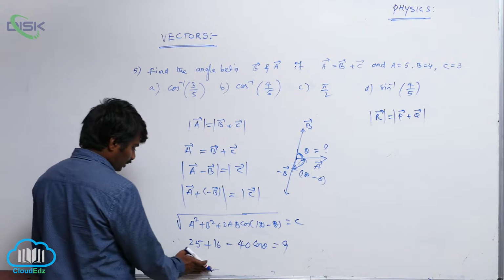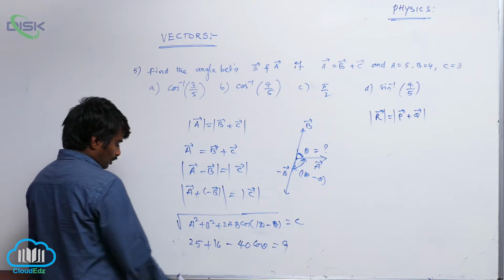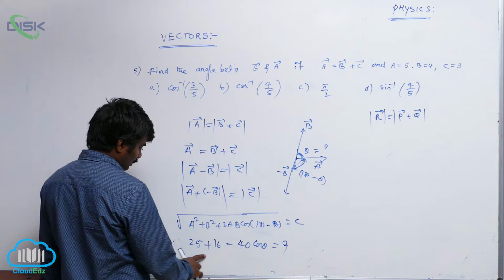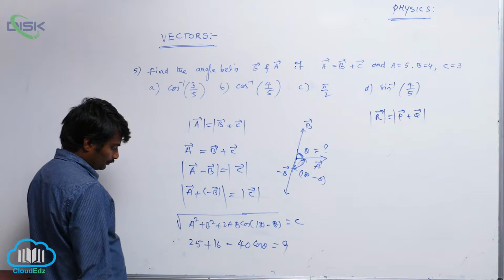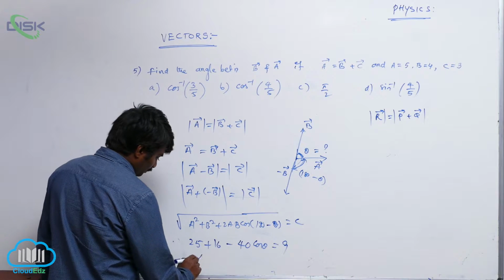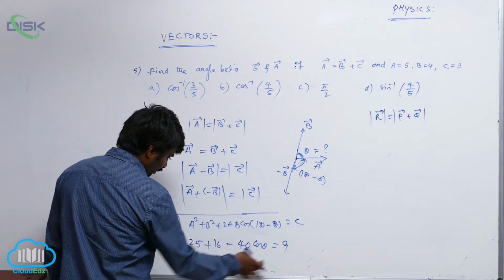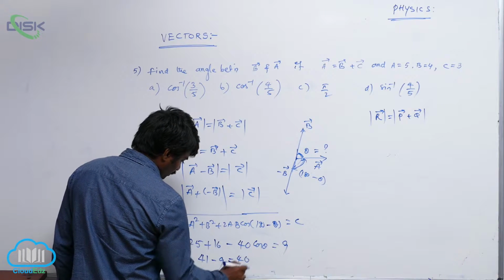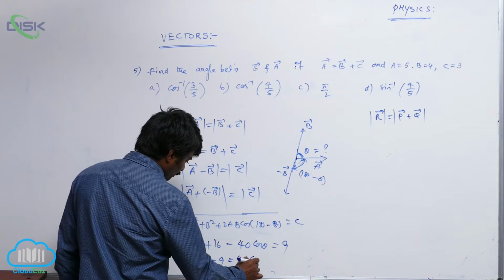So what am I going to get? 25 plus 16, that is 41, minus 9 is equal to 40 cos theta.